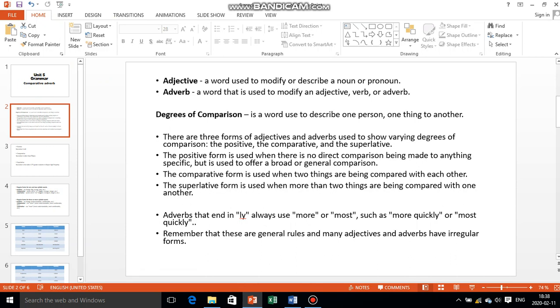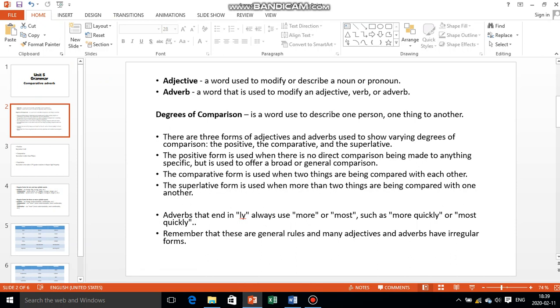And there are three degrees of comparison: positive, comparative, and superlative. There are three forms of adjectives and adverbs used to show varied degrees of comparison. Okay, we will discuss it one by one.